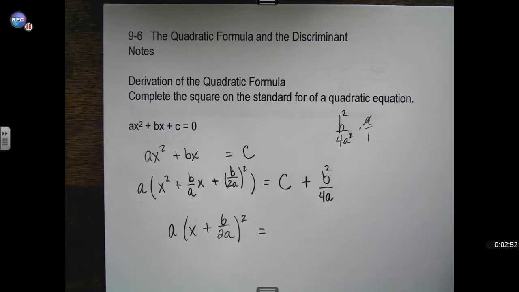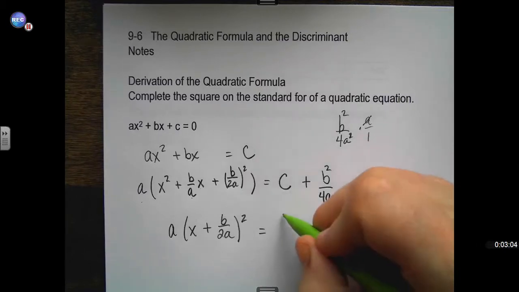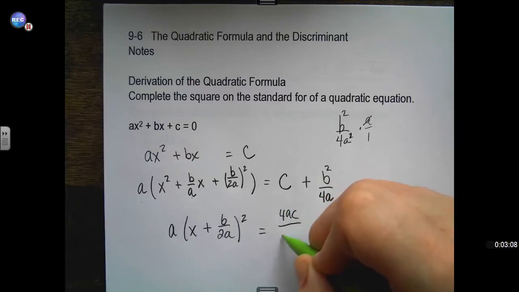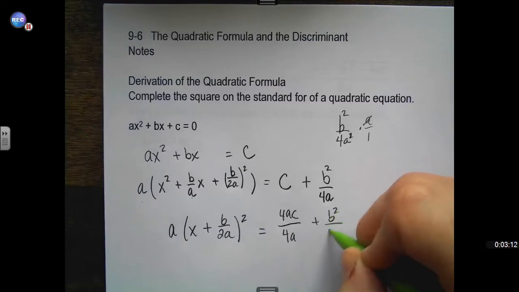Okay. And I'm going to go ahead and get a common denominator over here, so that's going to give me 4ac on the top over 4a plus b squared over 4a.